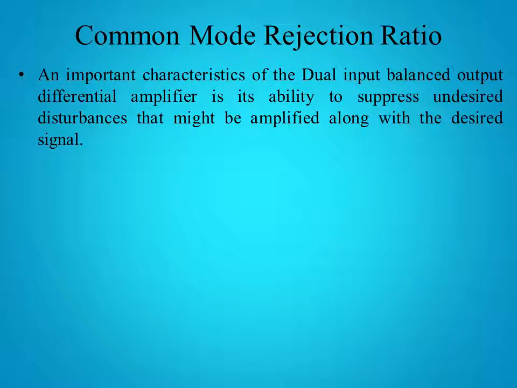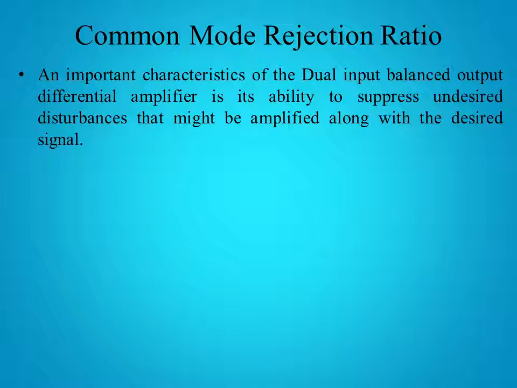An important characteristic of dual input balanced output differential amplifier is its ability to suppress undesired disturbances that might be amplified along with the desired signals. Generally what happens when we apply some input signal, then the noise in the wire, the current flowing, some type of noise is introduced along with the input signal.